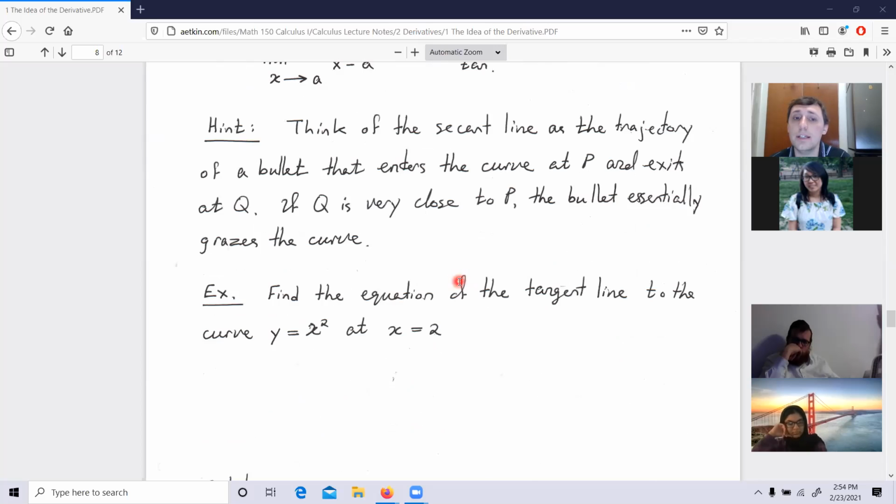All right, let's see if you can actually carry this process without my explanation. Guys, I want you to find the equation of the tangent line to the curve y equals x squared at x equal to 2. Do you understand what I'm asking? There is a curve.